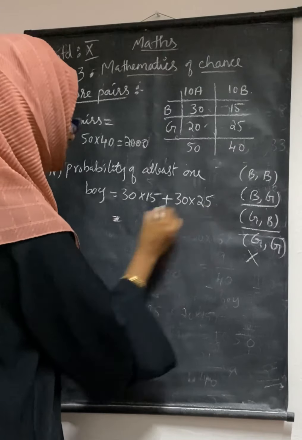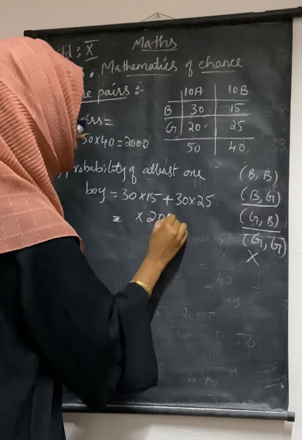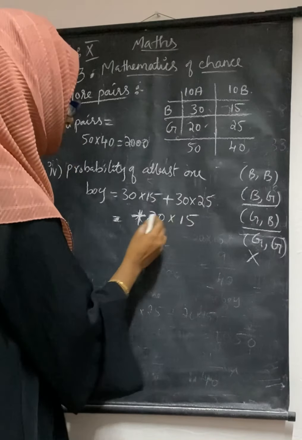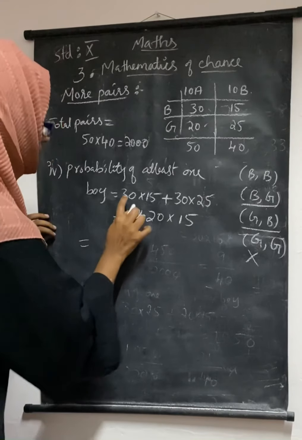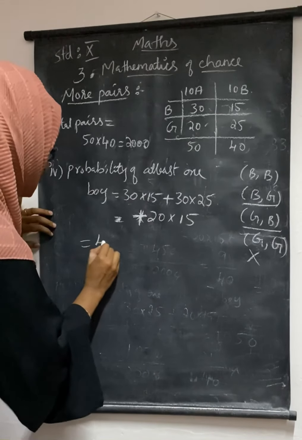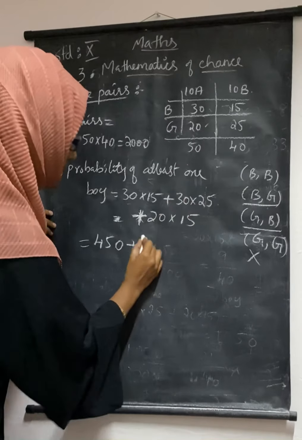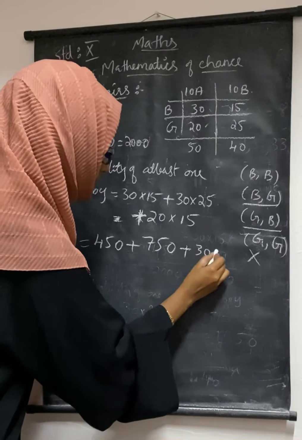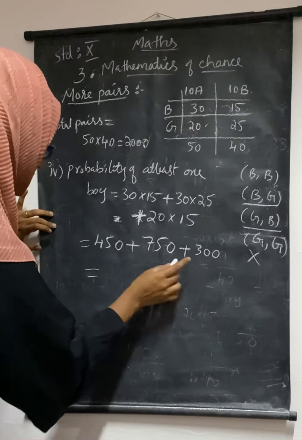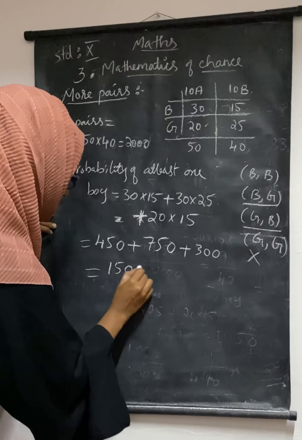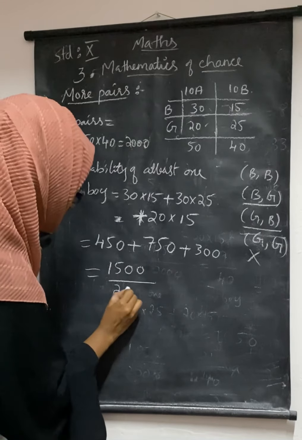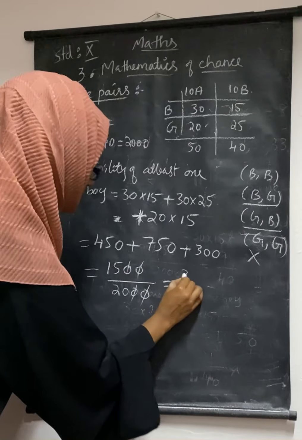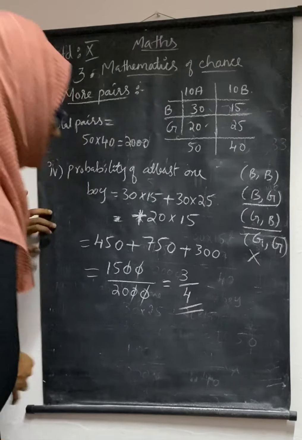So this will be 30 into 15 plus 30 into 25 plus 20 into 15. 15 threes are 450 plus 25 threes are 750 plus 15 twos are 300. When you add all these, you will get 1500, divided by the total pairs, 2000. So 1 0, the second 0 cancel, and you will get 3 by 4. You make it shorter and see. This is the answer.